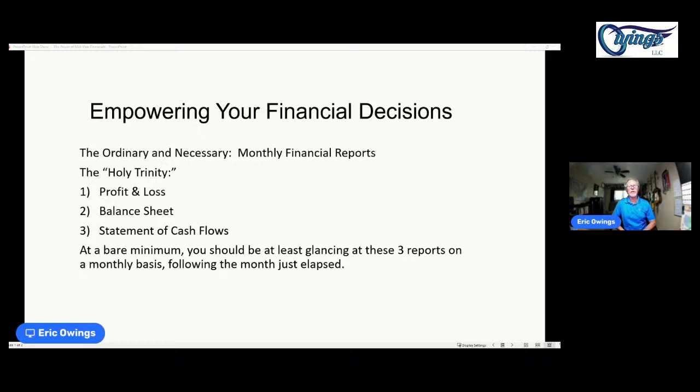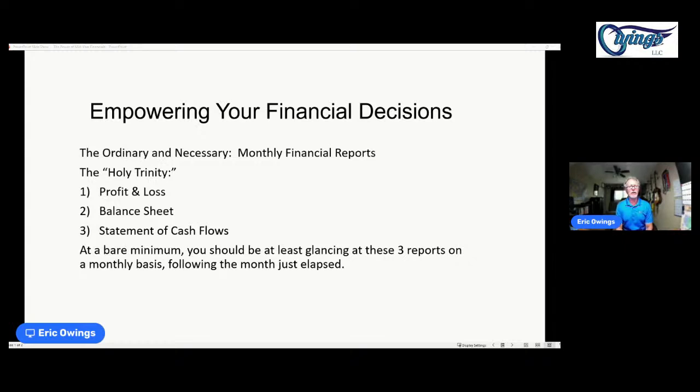Hopefully you have some kind of bookkeeping. If you're doing it yourself, fine, but you're also spending professional potential billable hours on something that somebody else is probably better at. So you want to always consider professional accounting, even at the bookkeeping level.